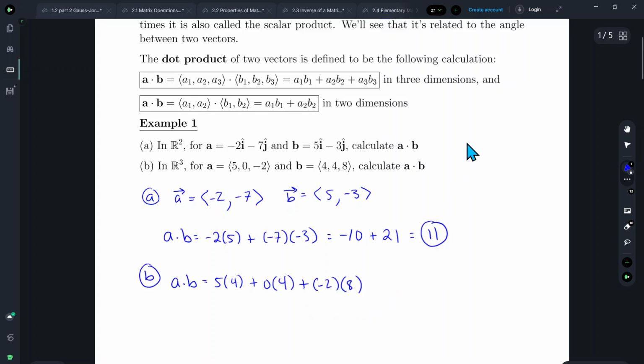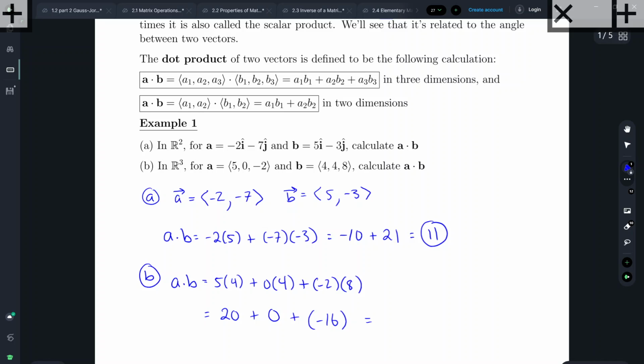Now we just need to do this calculation. So 5 times 4 is 20, plus 0 times 4 is 0, plus -2 times 8 is -16, and then 20 minus 16 is +4. And again, we see at the very end, we result in a single number.